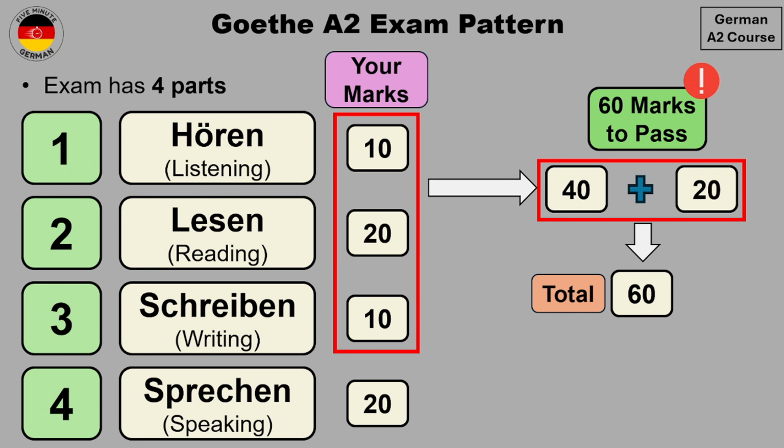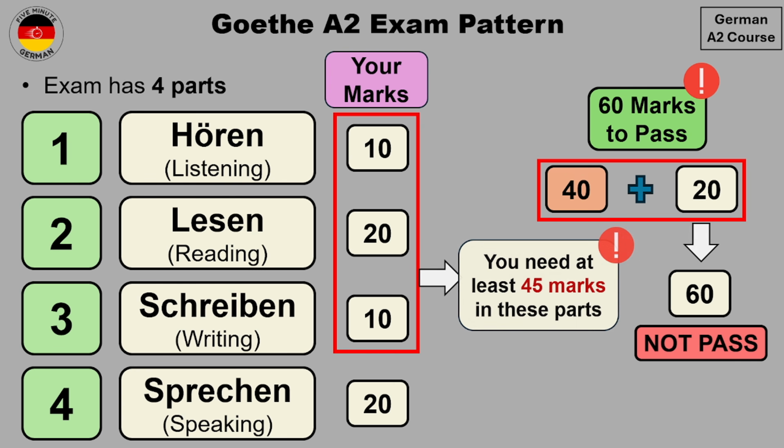And you need 60 marks to pass. However, you will not pass the exam. And the reason is that, as we saw on the Goethe website, you need at least 45 marks in the first three parts, which are Hören, Lesen, and Schreiben. And since you did not get 45 marks and you got 40 marks, that's why you did not pass.